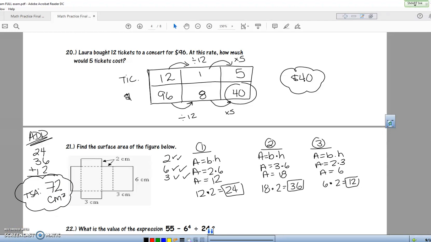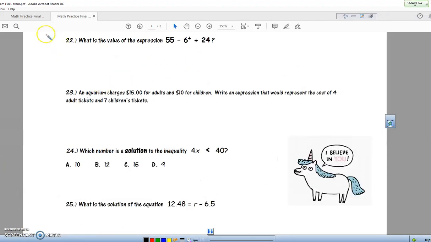Okay, what is the value? We need to do, sorry, this Mobi is really glitchy. GEMS. Any grouping symbols? No. Any exponents? Yes. So 6 to the 4th means to do 6 times 6 times 6 times 6. When I type that in my calculator, I get a gigantic number.